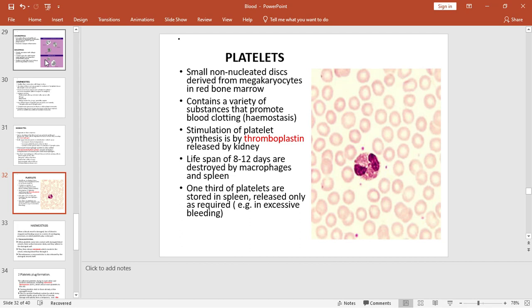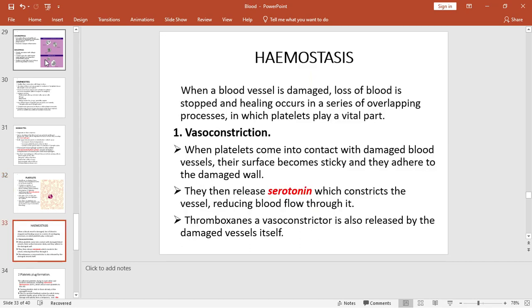Apart from just storing blood, the spleen is also responsible for storing platelets, which are only released when called upon. Of course, things are going to go wrong, but you can live after splenectomy.